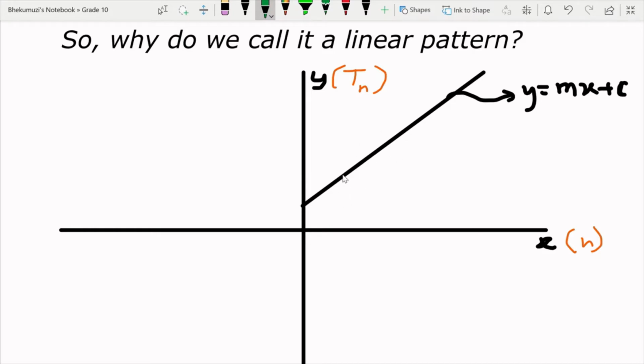But the difference is that this straight line will always start from the positive x numbers going that way, and never to the negative numbers. Why is that? It's because we're looking at natural numbers. But what is the consequence when I say we have natural numbers? Think about this.